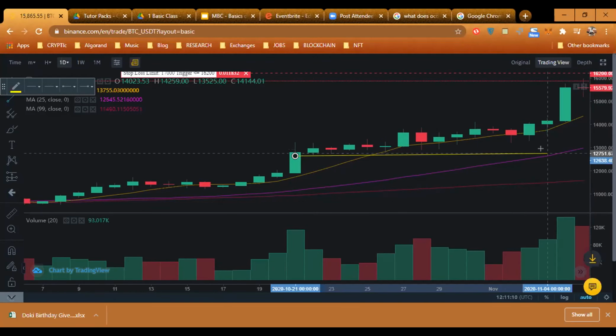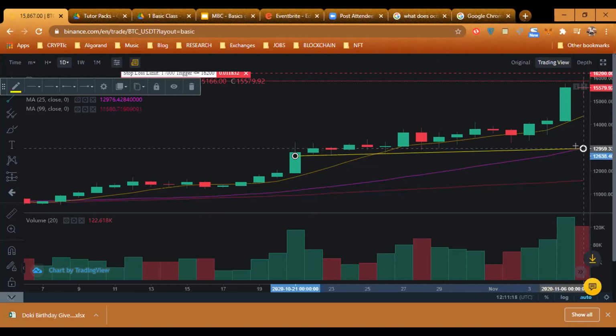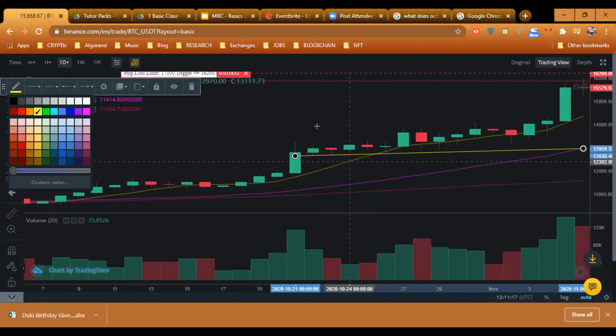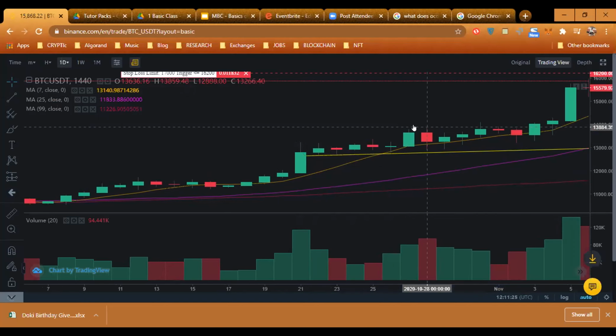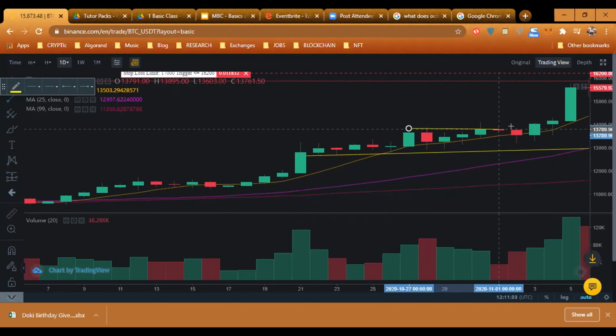So if I were to draw this resistance level from here, because this is the highest. So let's say I draw this resistance level.